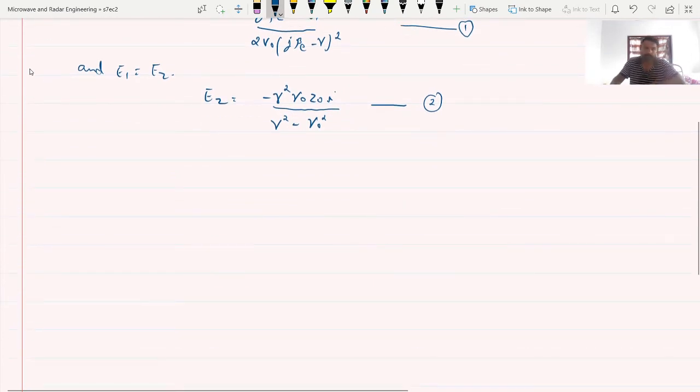Substitute equation 1 in equation 2, and see what you will get.